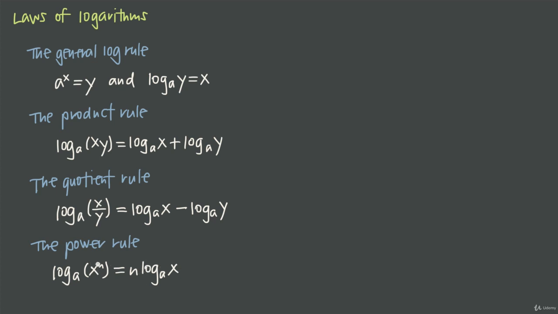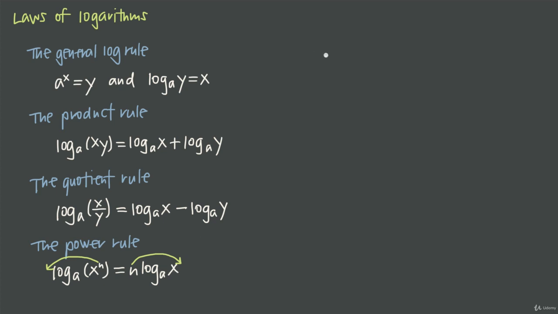In other words, we take this exponent of n and we move it out in front of the logarithm. That's what the power rule tells us that we can do. We can take that exponent and move it out in front. Or, going the other way, if you have this value in front of the logarithm, you could take it into the argument and make it an exponent on the argument of the logarithm.